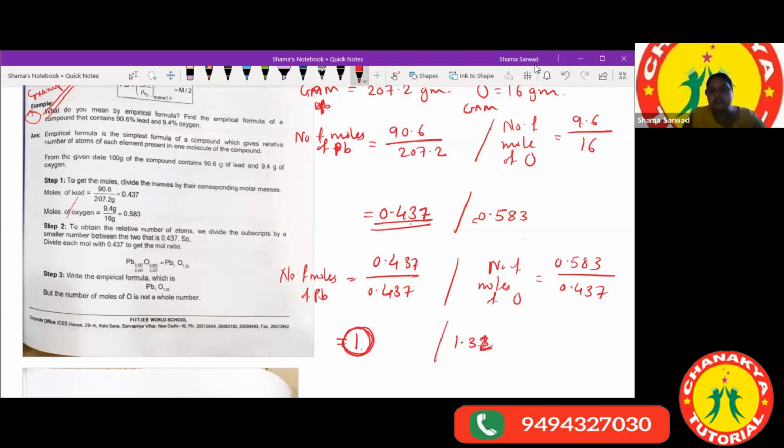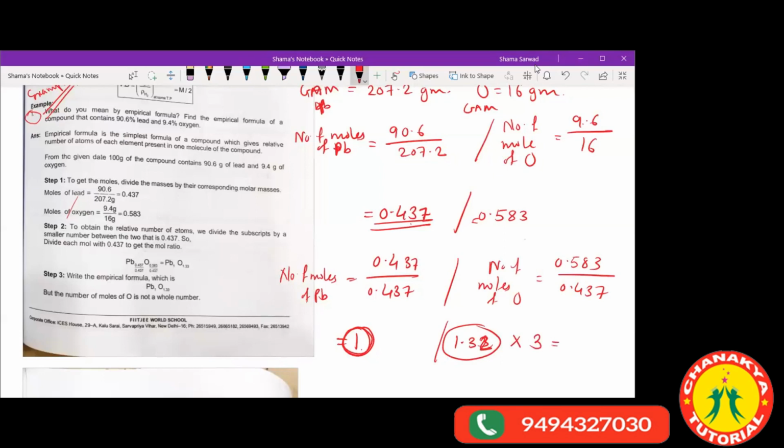Okay, now these are the values. One is a whole number, another is a fraction. Correct? So this fraction you have to convert into a whole number, at least near to a whole number. For that reason, I have to multiply it by 3. If I multiply it by 3, the values are almost 3, like 3.99.